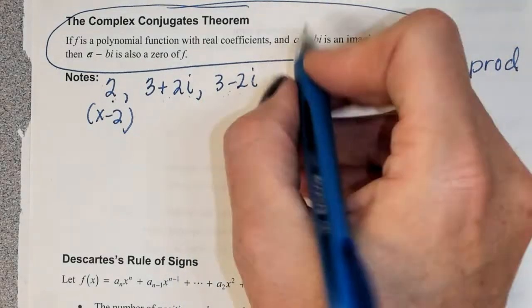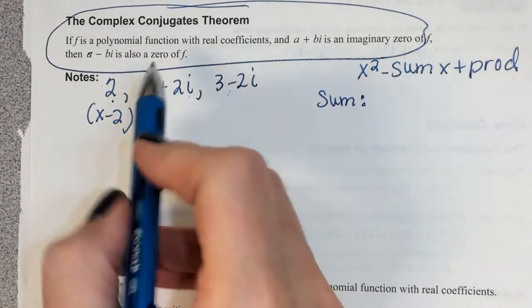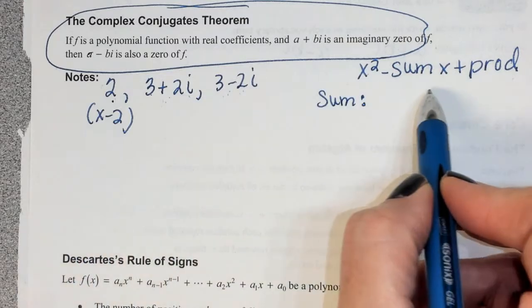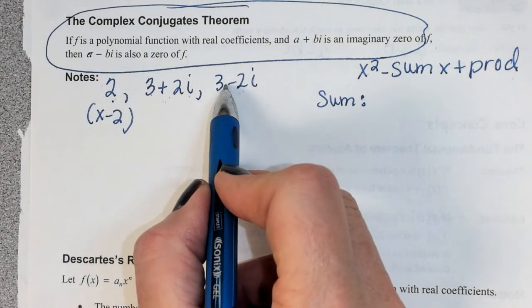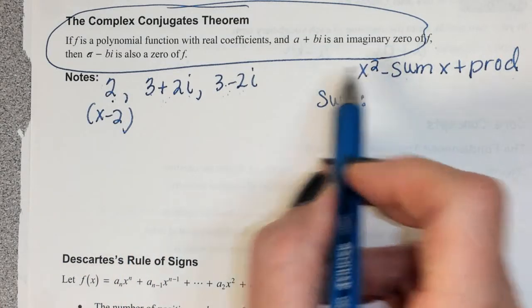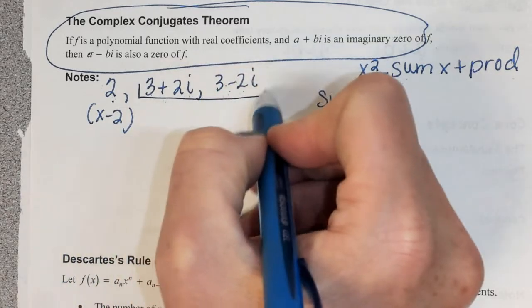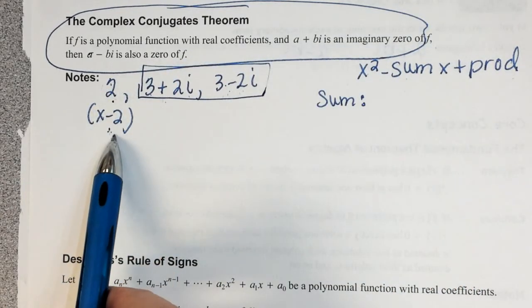To figure that out, I've got to find the sum here. To find the sum, I only use 2 at a time when I'm going to use this formula. Some of you were trying to find the sum of all three. You can't do that. When you're going to use this, you can only use 2 solutions. And the 2 obvious ones to choose are these 2. We already know the factor for this one.